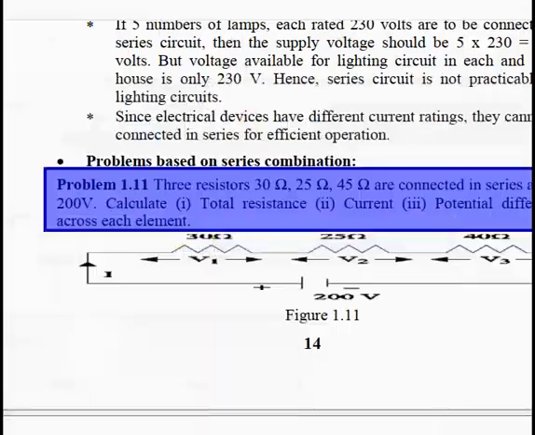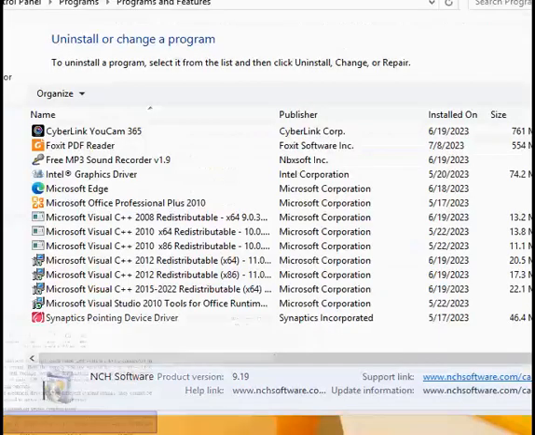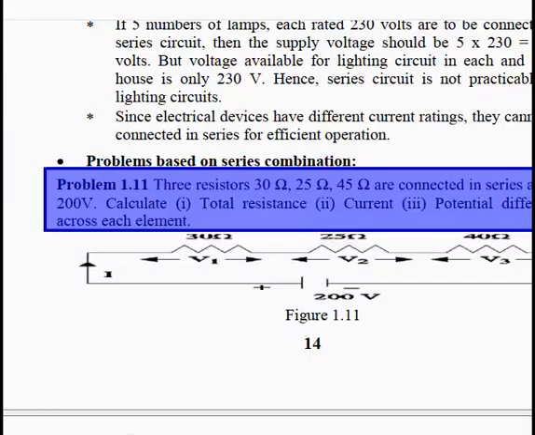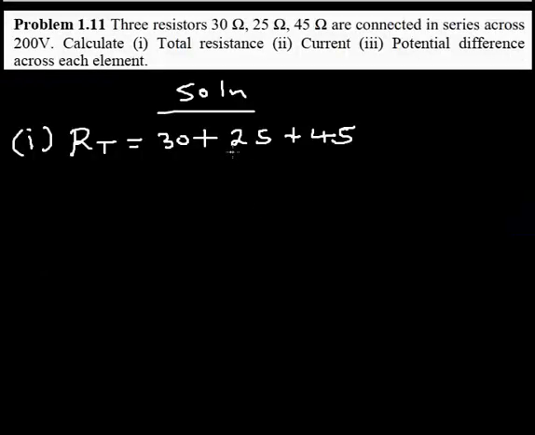Of course, what's that? This is 60, right? Plus 30, that's 90. So the total resistance is 90 ohm.